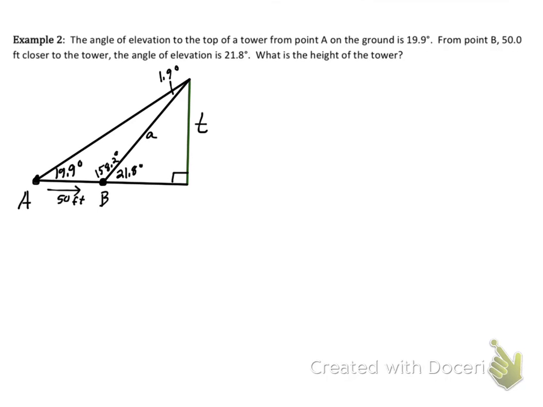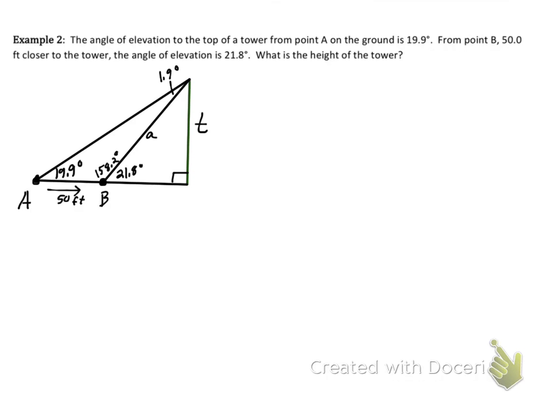All right, cool. So I have two angles and a side. I actually have three angles and a side, and I know one of the sides. I know this is 50 feet. Using the law of sines, I'm looking for a missing side, so I put my sides on top.